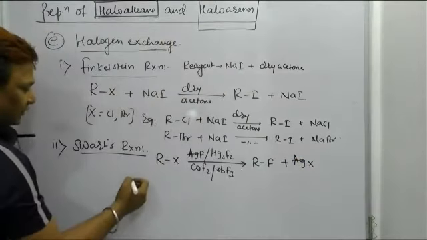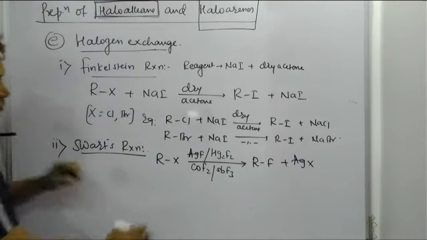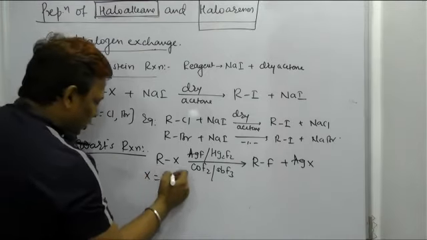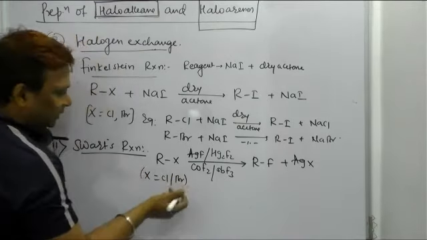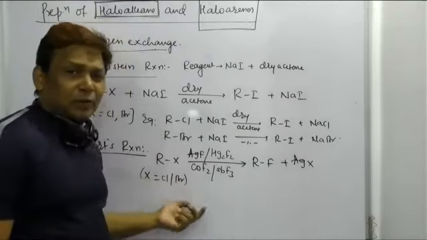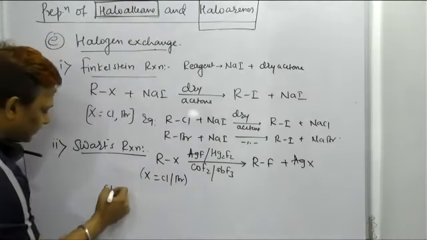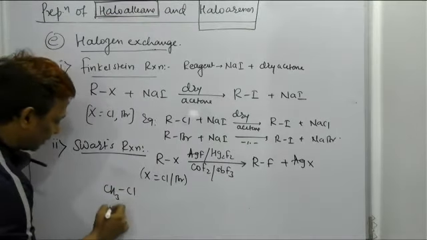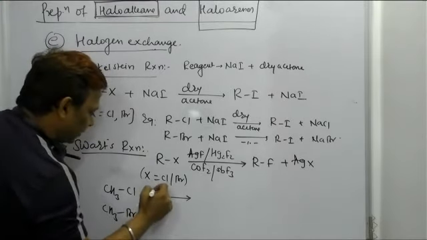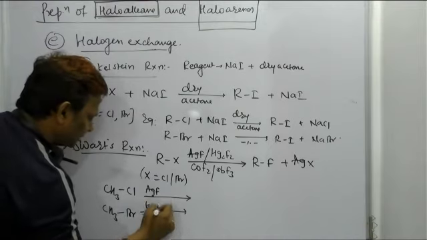Can we go with an example? What could be the X? Think, what could be the X? It may be chloro or bromo, because we cannot take iodo as it is slow and reversible, and we cannot take fluoro as it is explosive, so this is the only method. So it is methyl chloride or methyl bromide, reacting with any heavy metal fluoride, Hg2F2.